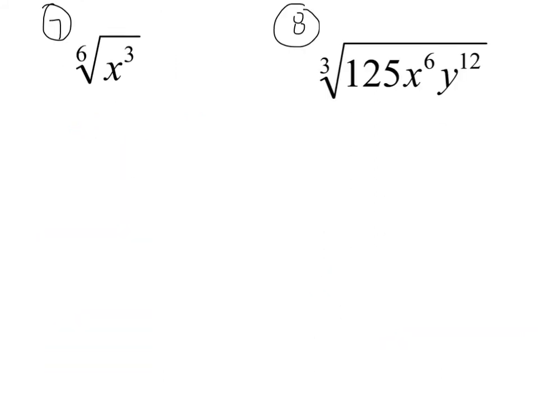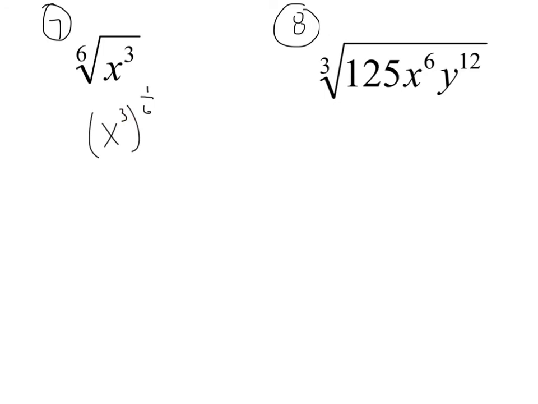All right, last one, last page here. So let's think about how the properties of exponents could help us here. Well, for 7, this is saying the 6th root of x cubed, or we can think of this as x cubed raised to the 1/6 power. With the properties of exponents, we know that these exponents can be multiplied.